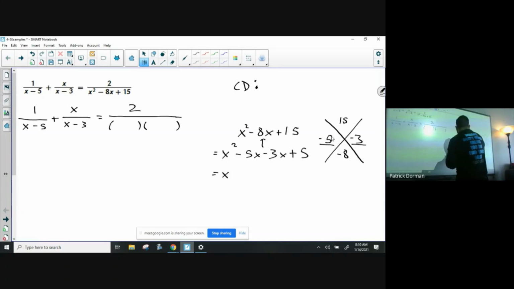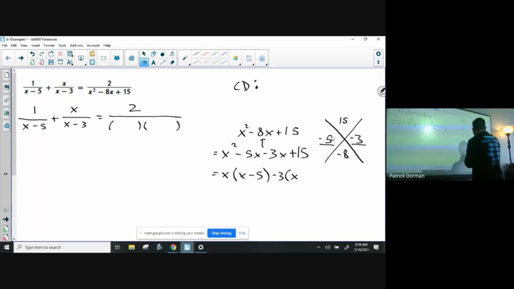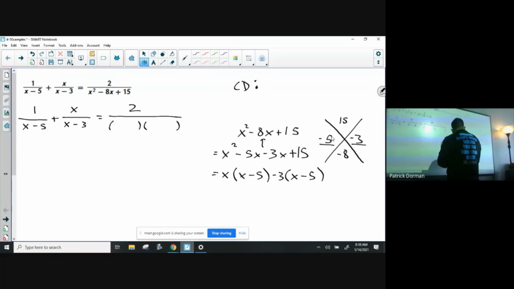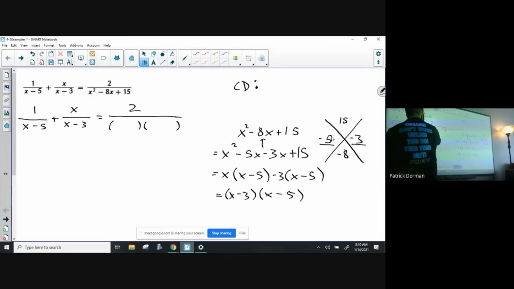Then we factor an x out of here, and we factor a negative 3 out of here. Sorry, that's supposed to be a 15. We factor a negative 3 out of there, and then we factor the x minus 3 out and the x minus 5. And so that has been factored. So then we can say that this denominator is actually x minus 3 times x minus 5.